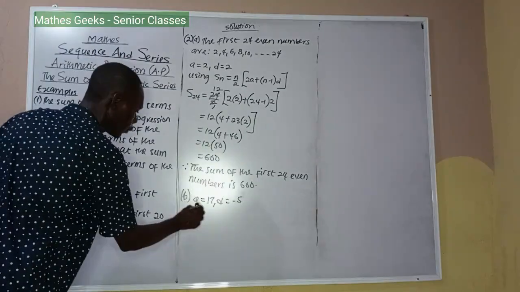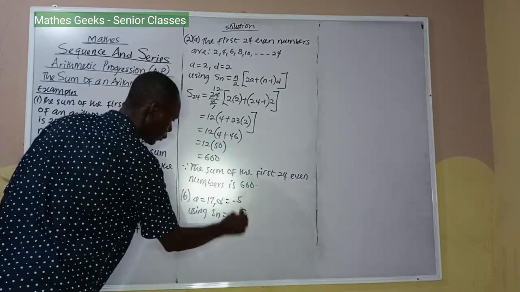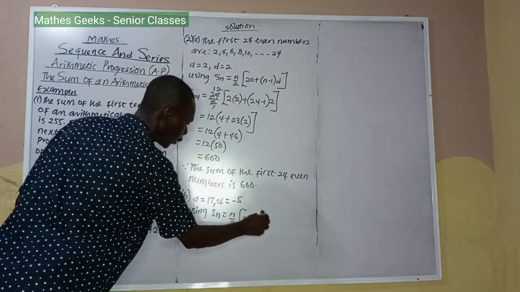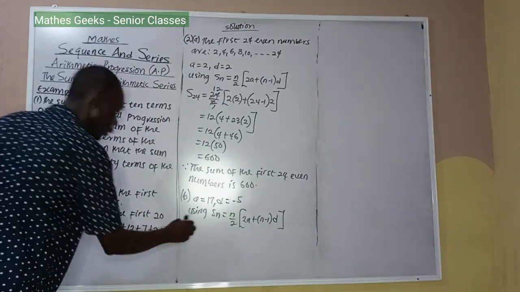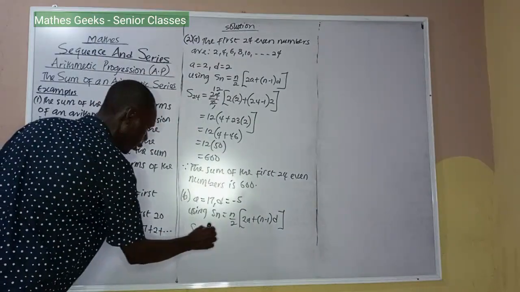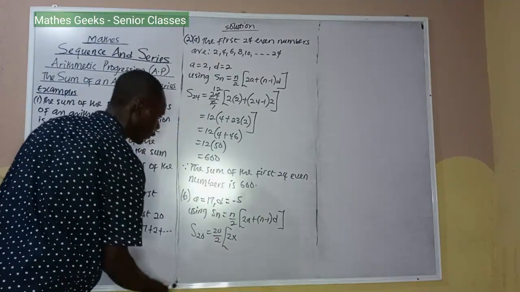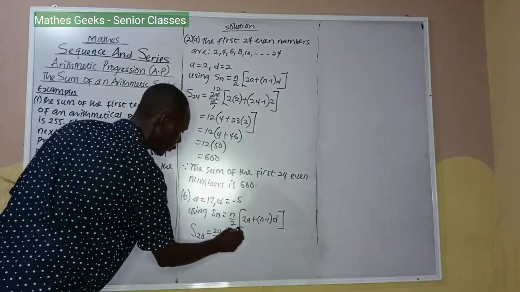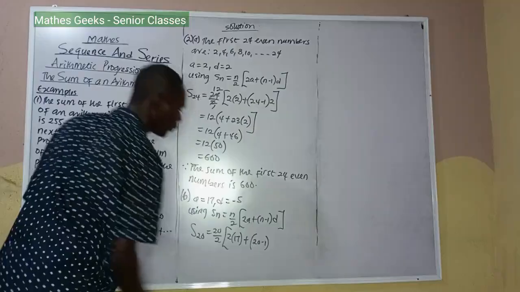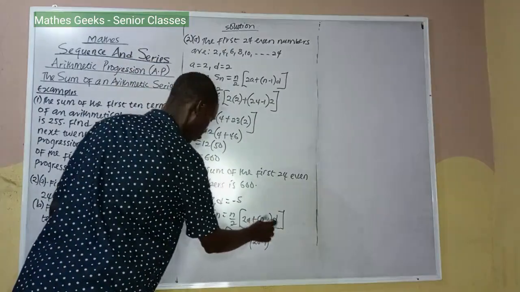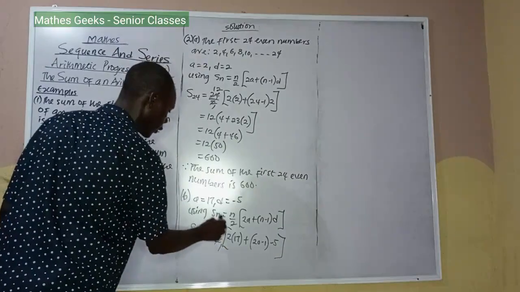So using Sn is equal to n over 2 times (2a plus (n minus 1)d). So S20 is equal to 20 divided by 2 times (2 times the first term 17 plus (20 minus 1) times d, minus 5). 2 here 1, 2 here 10.